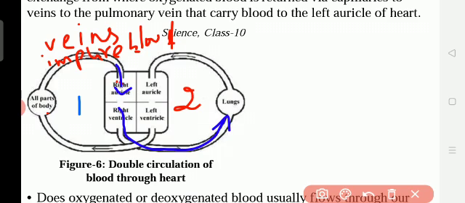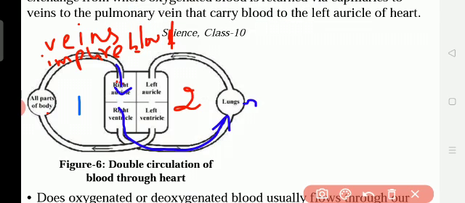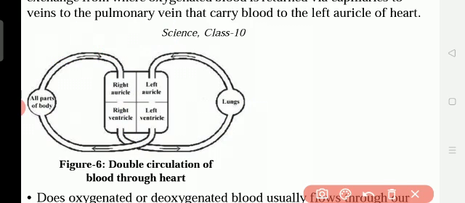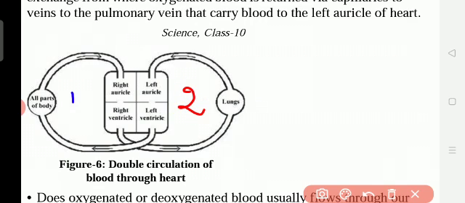In the lungs, what will be taking place? Exchange of gases is taking place. Exchange of gases means what? This is the connection between the lungs and the heart. For example, I will change the color again, I am sorry.